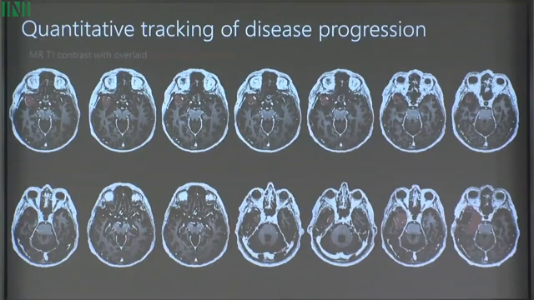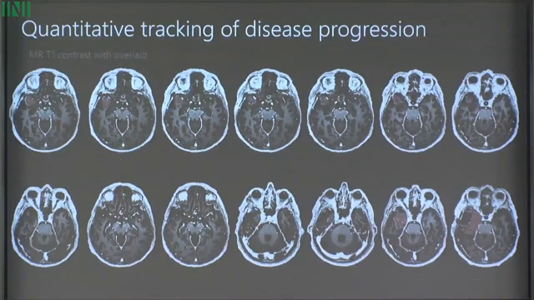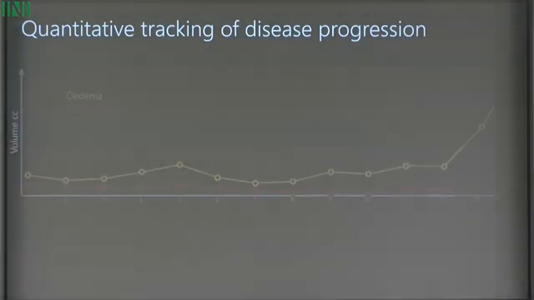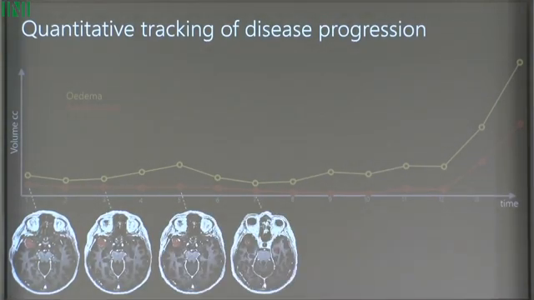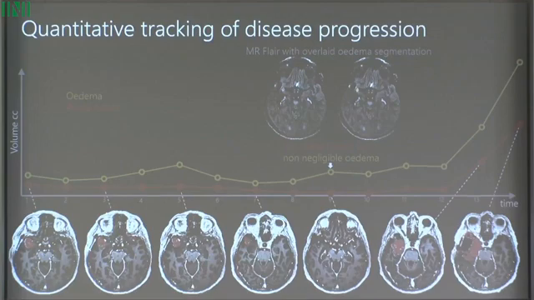So with machine learning produced segmentation, which as you saw can be done pretty quickly, we can overlay the segmentation with these images to assess the progression via the volume of the enhancing tumor. And this is easy to do for other sequences as well, and here we've done it for edema using MR FLAIR.